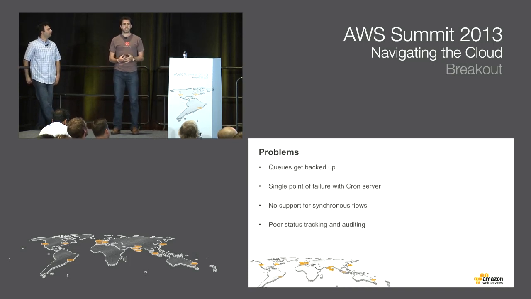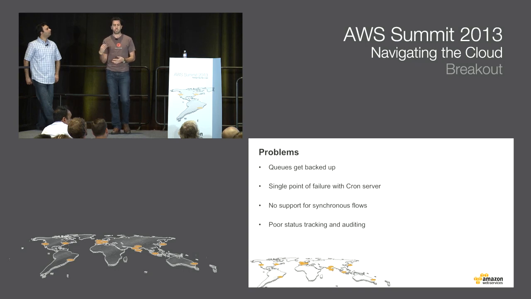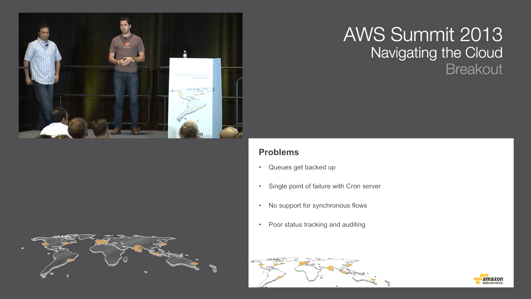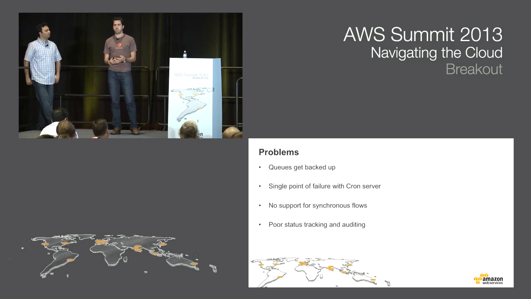So the problems with our current setup, the first one is that the queues get backed up occasionally. And there's no easy way to dedupe jobs for Resque. So cron will mindlessly dump redundant jobs onto the queues, which just exacerbates the issue. There's obviously the single point of failure issue, given that cron is running on a single instance.